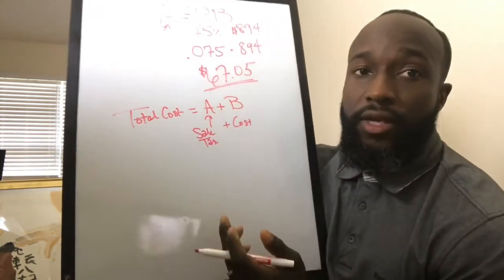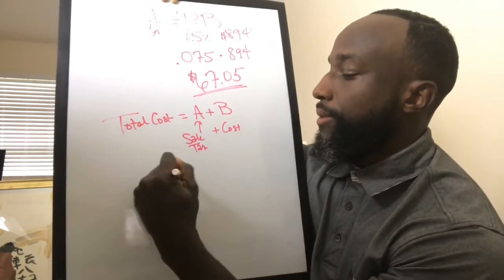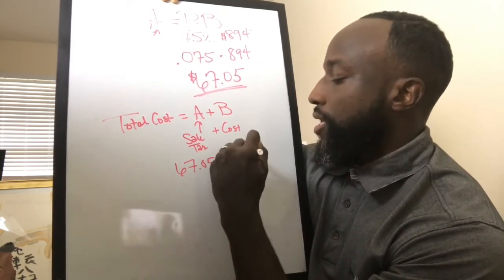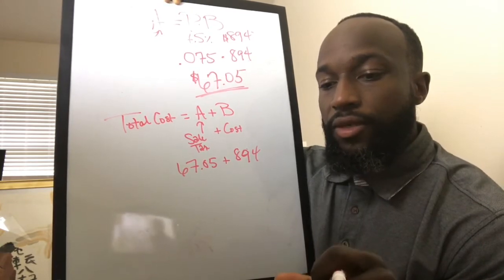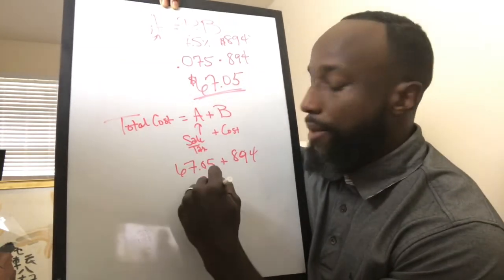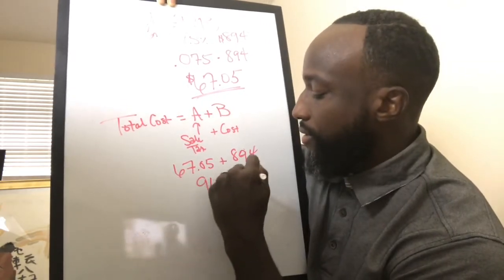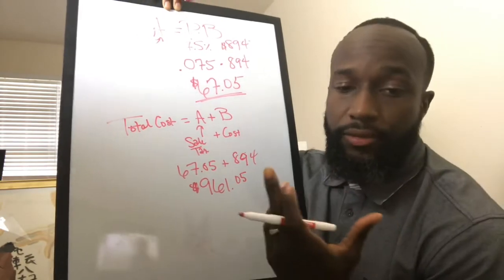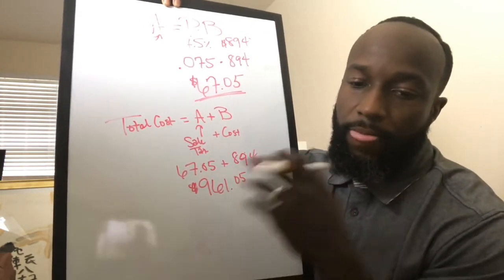So here it is: 67.05 plus 894. That means I'm paying $961.05, right? That's what you're doing when you want to know what the sales tax is and how much you're going to pay.